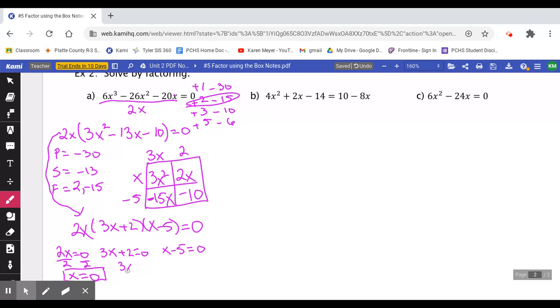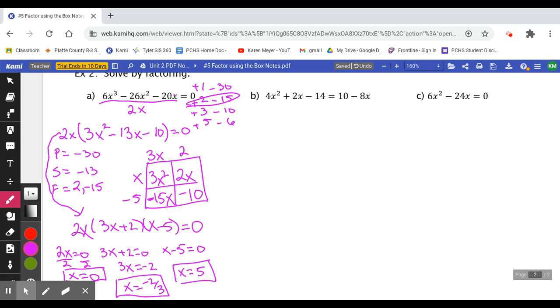The middle one, you're going to subtract the 2 over, and then divide by 3, so you get negative 2/3. Second answer. Last one, we're going to add the 5 over, so x equals 5. Third answer. And for your knowledge, the highest exponent in the problem was 3, and that will tell you how many answers you should come up with. So I've got 3 answers. Done.